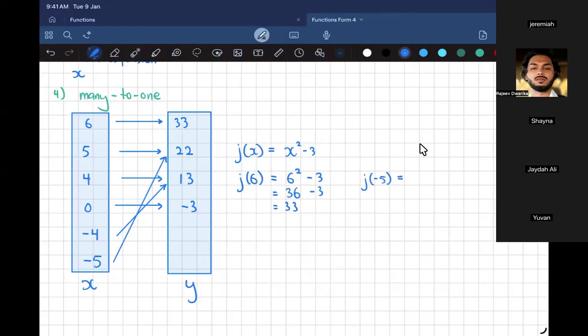Let's try j of minus 5 this time. So tell me how to write that. How would I write that? So Jada, this is your function. I'll give some other people their functions just now. But how would I find j of minus 5? How would I do that? Negative 5 squared.